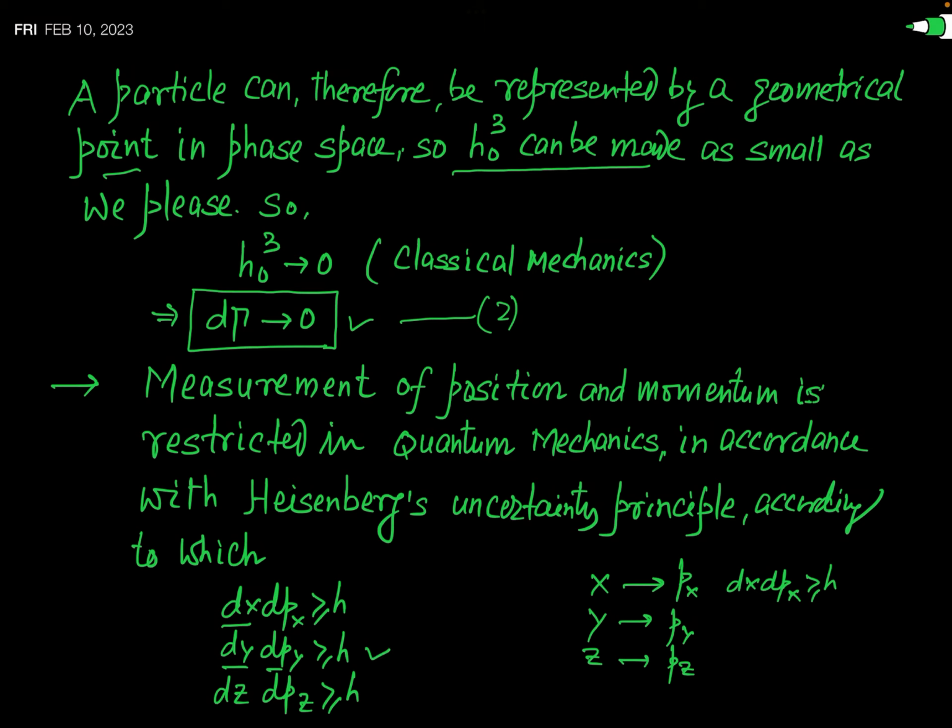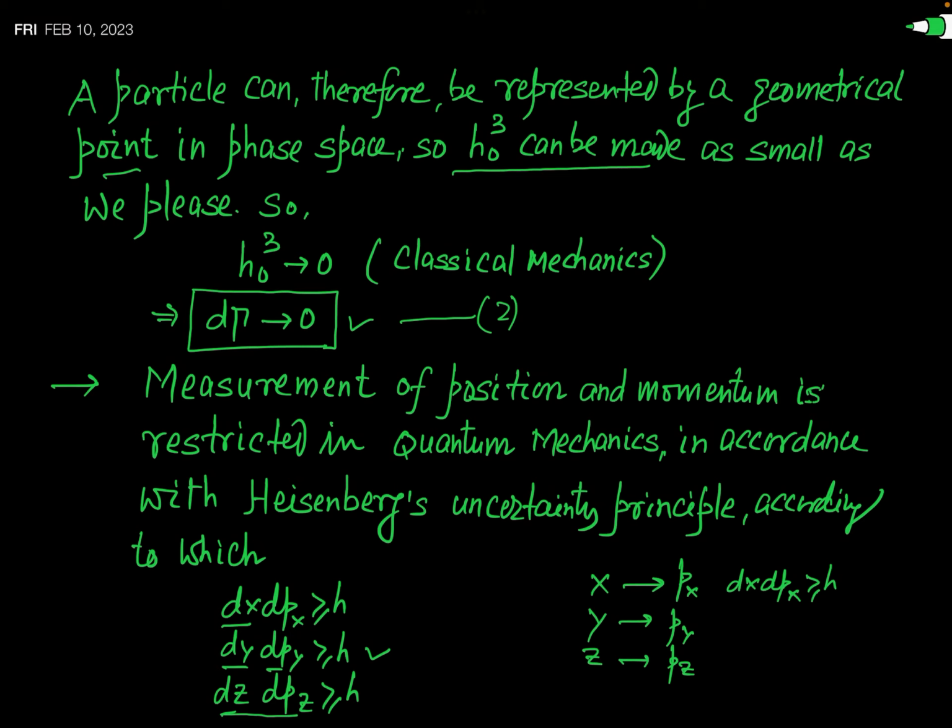And similarly the product of the uncertainties in measuring the z coordinate and its conjugate momentum pz, dz times dpz, is also greater than or equal to h. So when you find the volume of a phase cell in accordance with quantum mechanics, what will be the result?